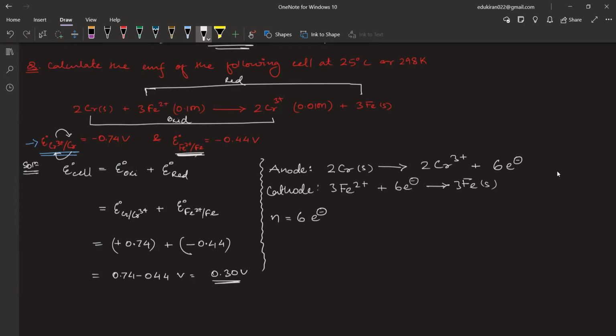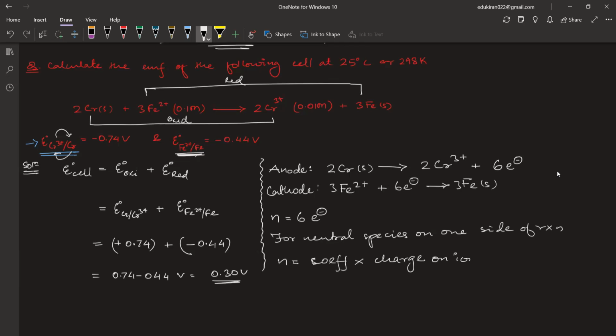You can also write n is equal to how much? If you have any neutral species on one side of the reaction, then you will write n is equal to its stoichiometric coefficient into charge on ion. ठीक है?